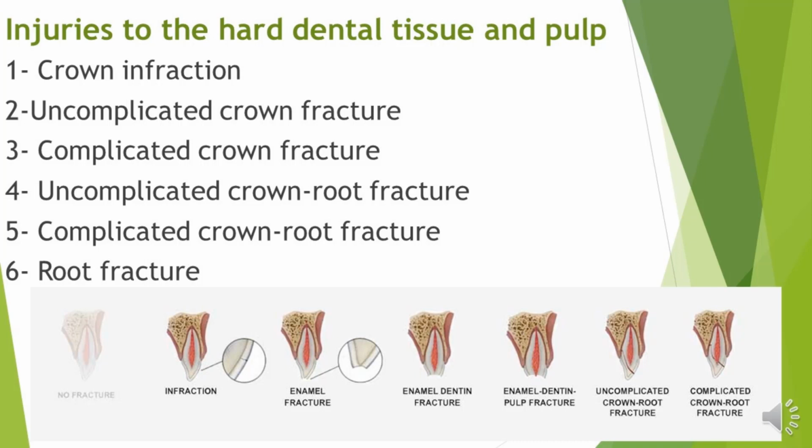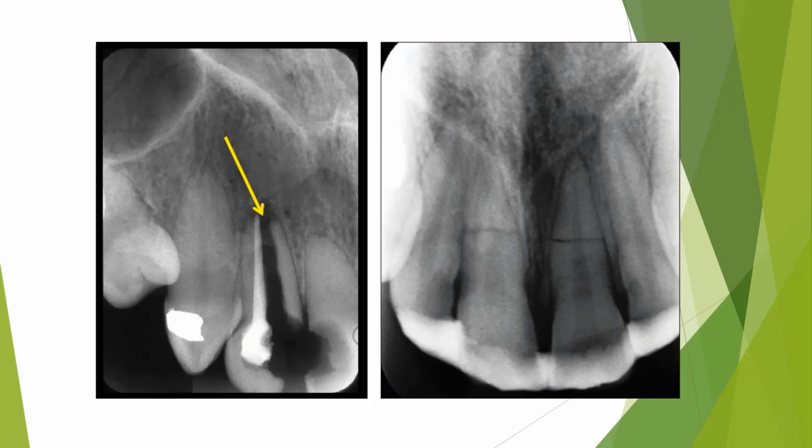هنا مثل ما نشوف بهذا السلايد انه التوث fracture could be either horizontal fracture or vertical fracture. الصورة الأولى اللي عليها السهم الأصفر تشوفنا انه اكو vertical fracture بالتوث splitting the tooth into two pieces from the incisal edge to the root, while the second X-ray shows a horizontal fracture extending from the cementum on the mesial side to include the cementum, the dentin and the pulp to the distal side.